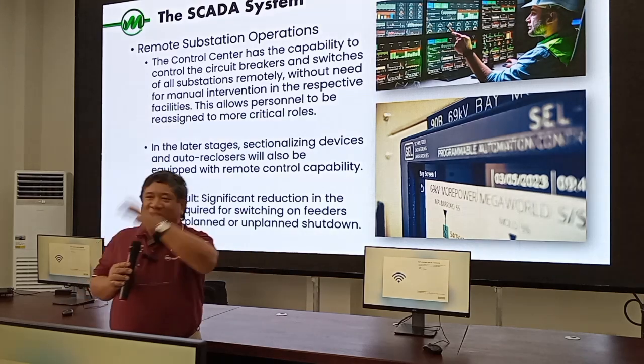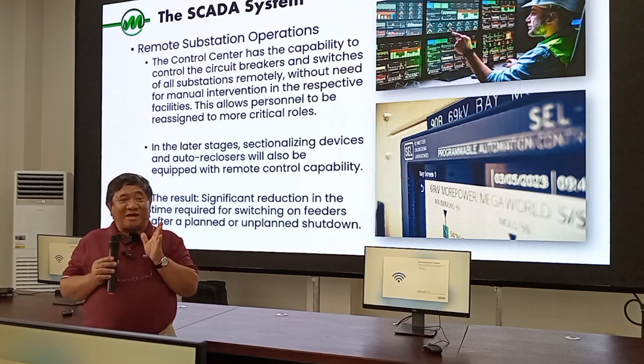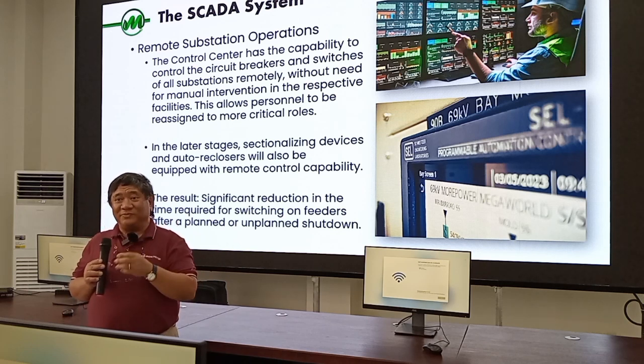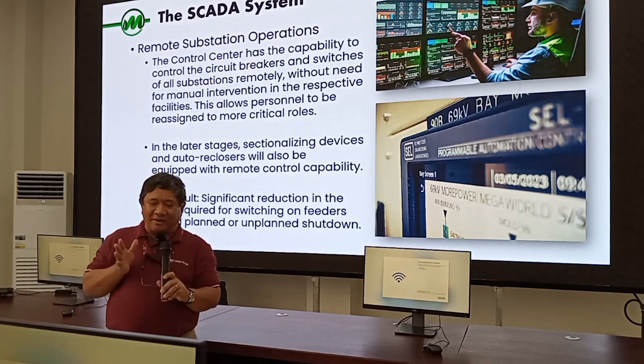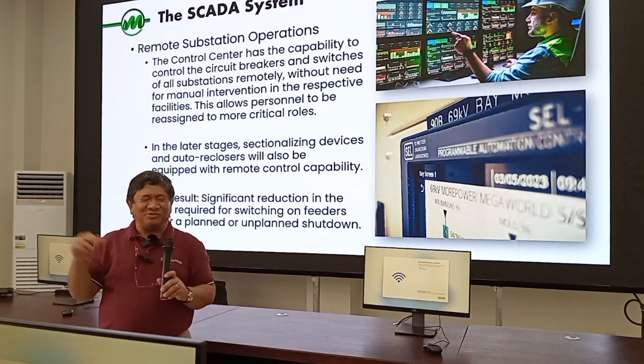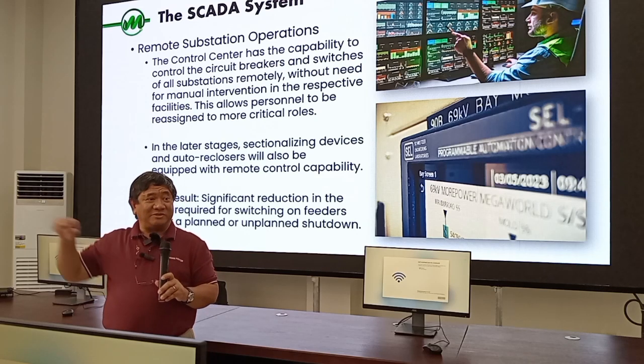Okay. 5 years ago, before we came in, the system was actually what we call radial. Again, I just review that. Now, radial was that feeders were just actually straight lines. But when I say straight lines, independent siya, basta siya, nakakabit sa substation.